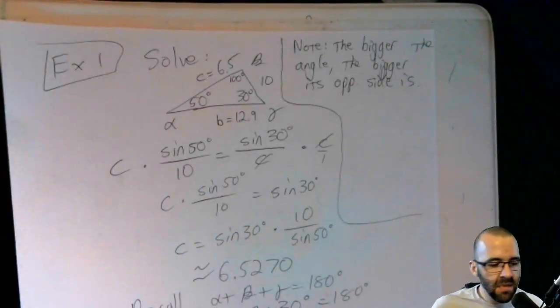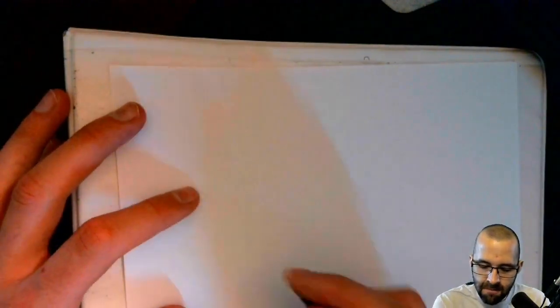All right. So let's get into side-side angle triangles. These are the really interesting ones, the ones that are really complicated. After we've done a couple of these, problems like example 1 are going to be pretty straightforward to you. Example 2 is really where things get a little tricky.